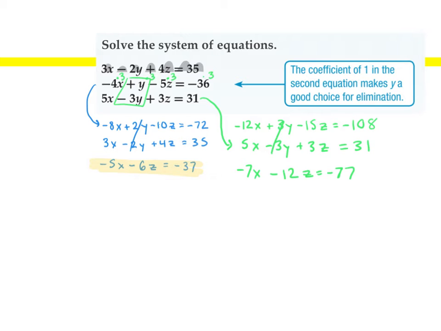So now we take our first equation that's highlighted in yellow and the second one, and we're going to combine these two together. So we have negative 5x minus 6z is equal to negative 37, and negative 7x minus 12z is equal to negative 77.